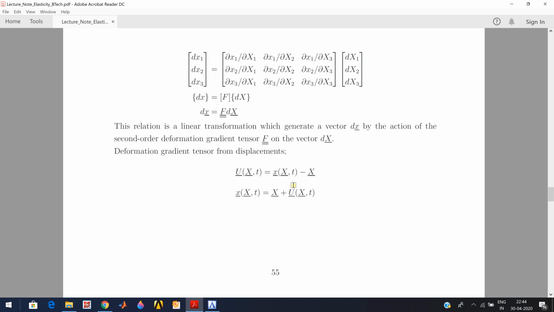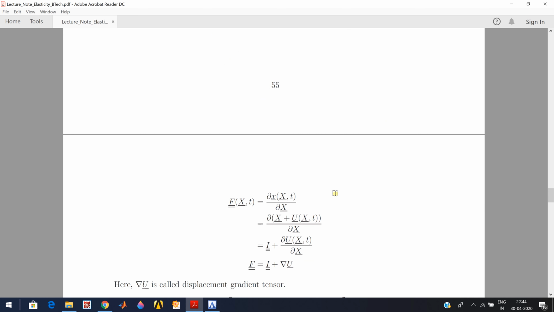It is the small x, which is described in the material coordinate system, minus capital X. If you rearrange, the motion small x described in material description is actually capital X plus the displacement field in material description, and then from here we can find the relation between these two tensors, deformation gradient tensor and displacement gradient tensor, in this way.